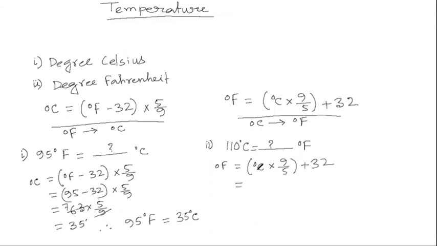In place of degree C, we put the value 110 into 9 by 5 plus 32. 110 divided by 5 is 22, and 22 times 9 is 198. Then 198 plus 32 is 230.